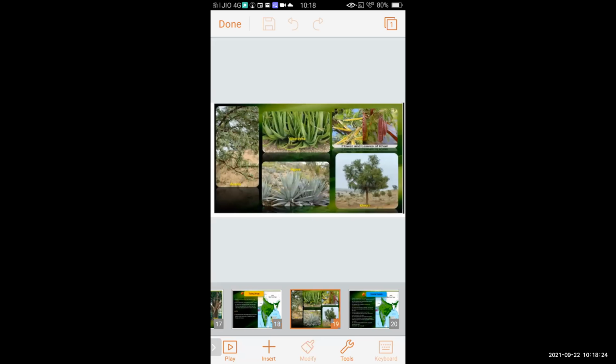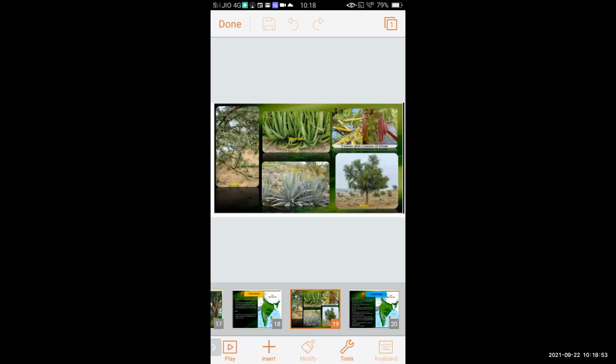So these are examples of the thorny plants that grow in the hot desert region or in areas of very little rainfall. These plants need less water and can grow in the hot desert region, such as aloe vera, agave, acacia, and kejri.